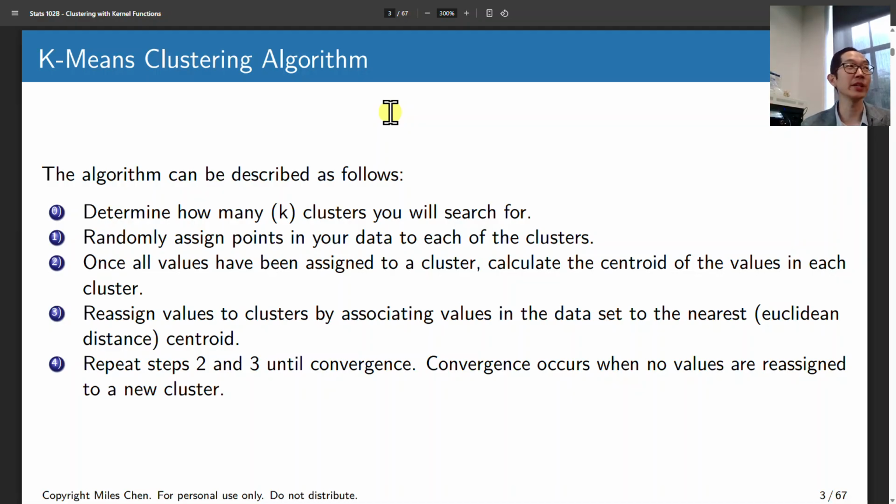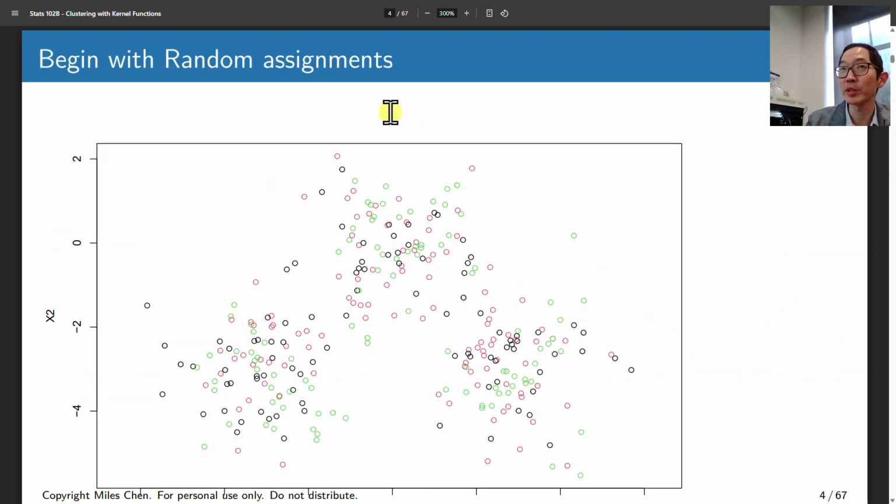You reassign the points to the nearest centroid, recalculate the centroids, and if the centroids have moved, you reassign points in case another centroid is closer. You go back and forth until you reach convergence, where everything stays the same, nothing is changing anymore. And that's our k-means algorithm.